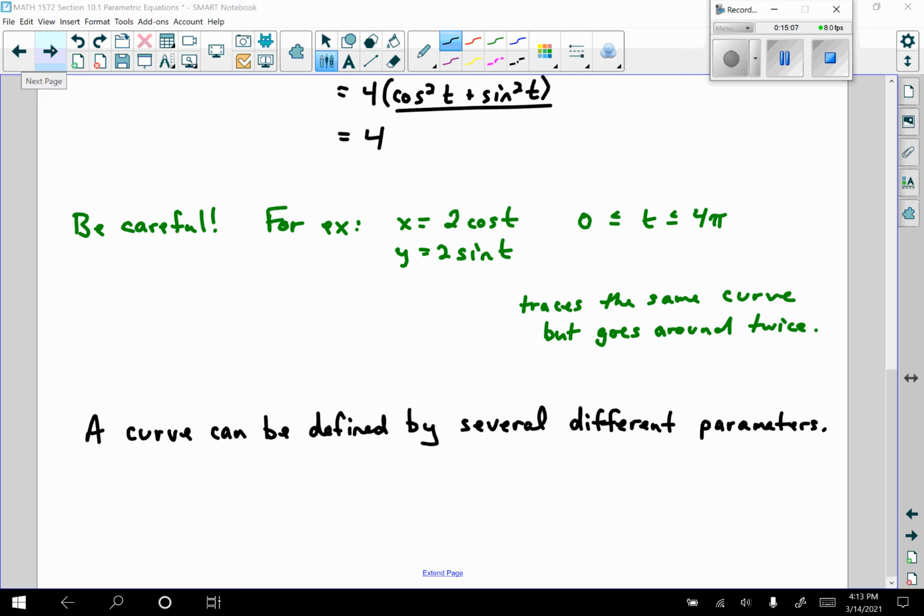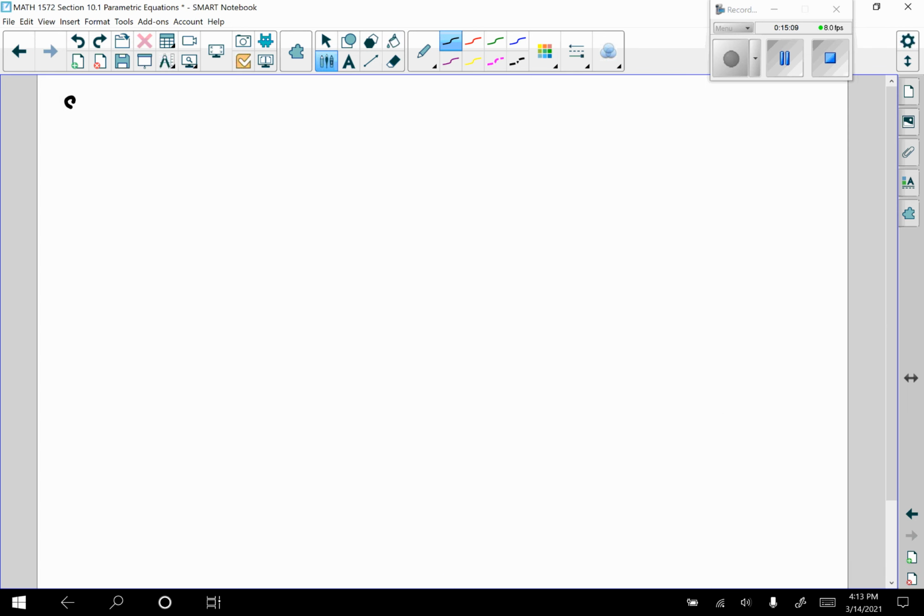Let's take a look at another example. Let's do x is equal to t squared and y is equal to t to the 9th. Again, we'll sketch everything that we were just doing for the two previous examples. Let's make our table first.